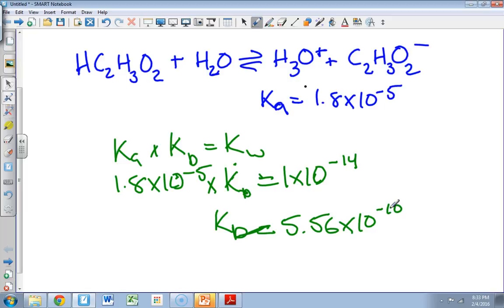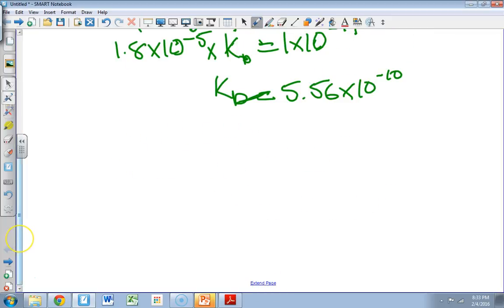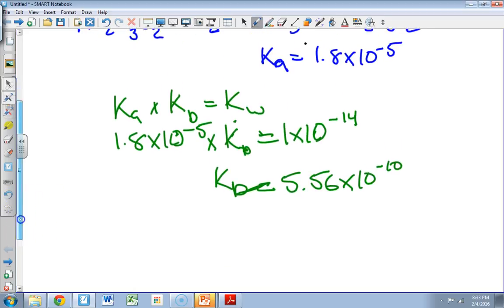Now that's the Kb, but it is not for the opposite reaction. That's what we have to be careful of. The opposite reaction doesn't form the hydroxide ion, which is what changes the pH. This is the Kb for the base reaction of the conjugate. What is the conjugate? It's this one.